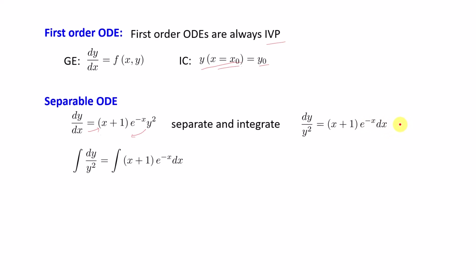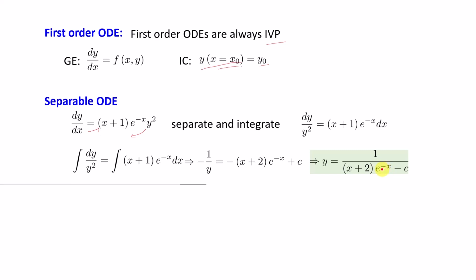Now we can integrate both sides. Once we integrate, we have -1/y = -(x + 2) e^(-x) + c, where c is the constant of integration. So we can write y = 1/((x + 2) e^(-x) - c), and the c can then be found from the appropriate initial condition.